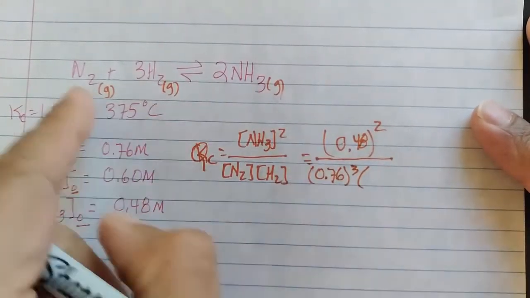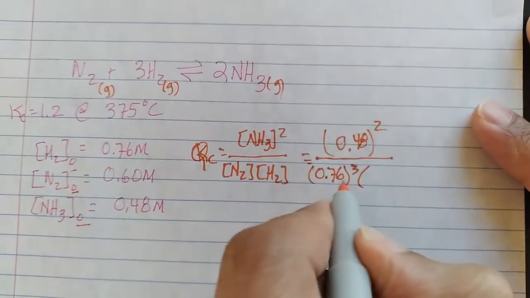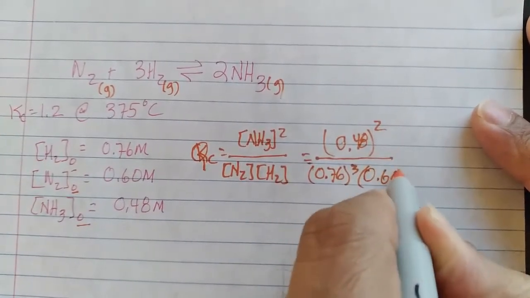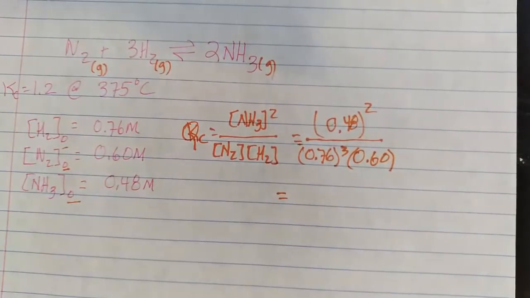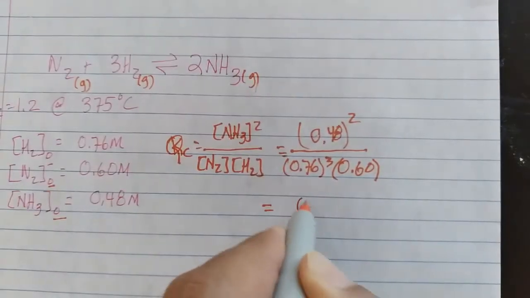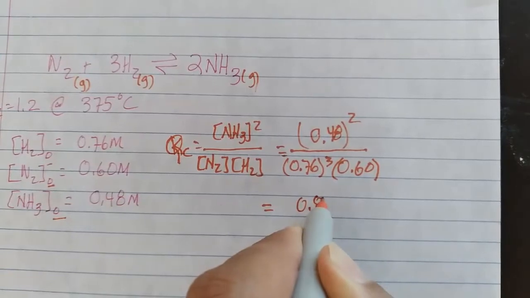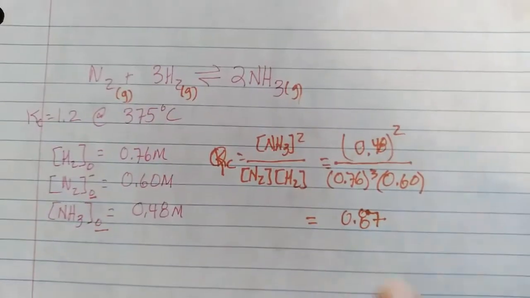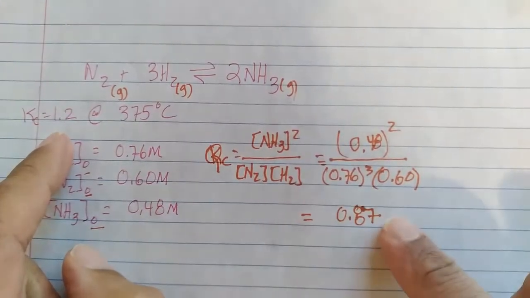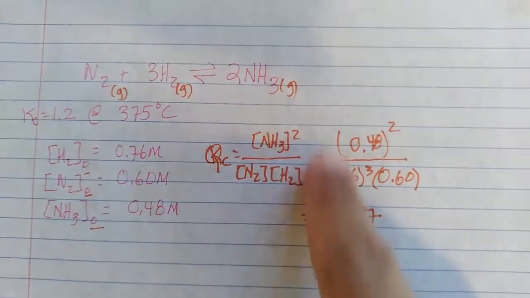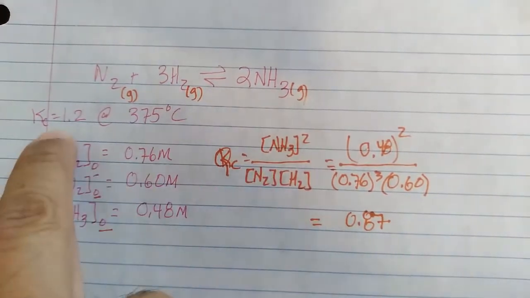And products over reactants, N2, 0.60 raised to the power of 1. All right, so let's do this in our calculator and see what we get. So doing this, I'm getting 0.87. And that's our QC, but our KC, if we're really at equilibrium, this whole quotient should equal 1.2.